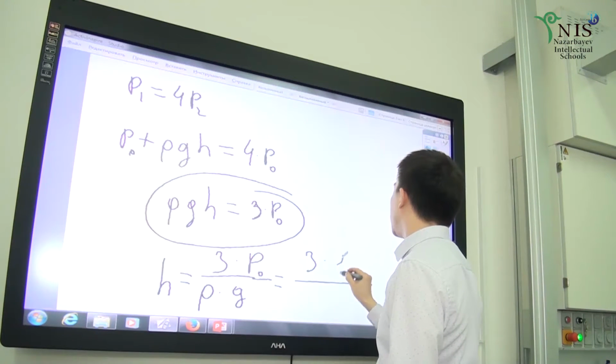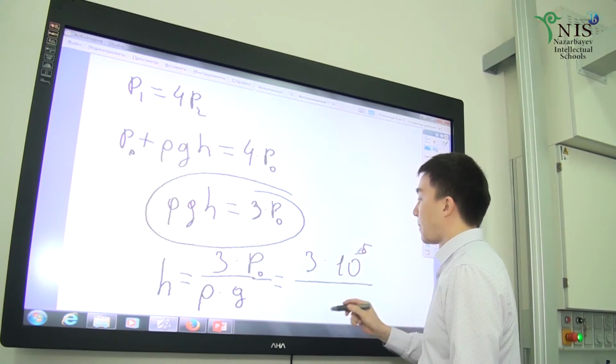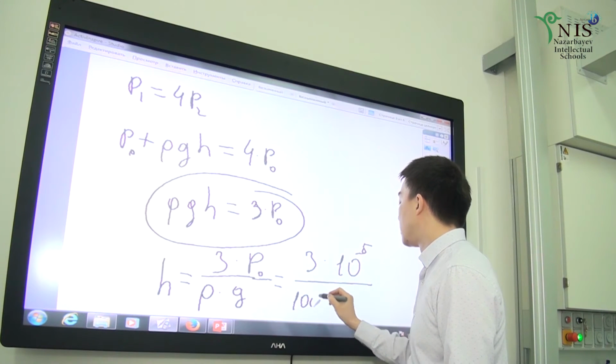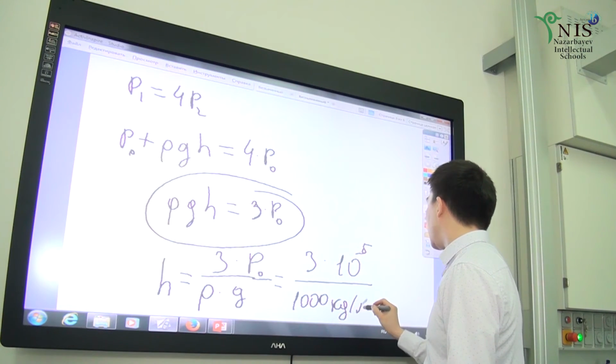So 3 multiplied by 10 to the power of 5. The density of the lake is equal to 1000 kilograms per cubic meter.